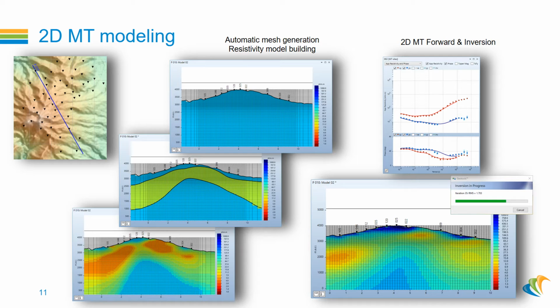These models can be simple uniform models, layered horizon-based models, or even more complex models. Once starting model and station locations and data are ready, then users can proceed with the calculation of 2D MT forward response or with the calculation of an entire inversion.